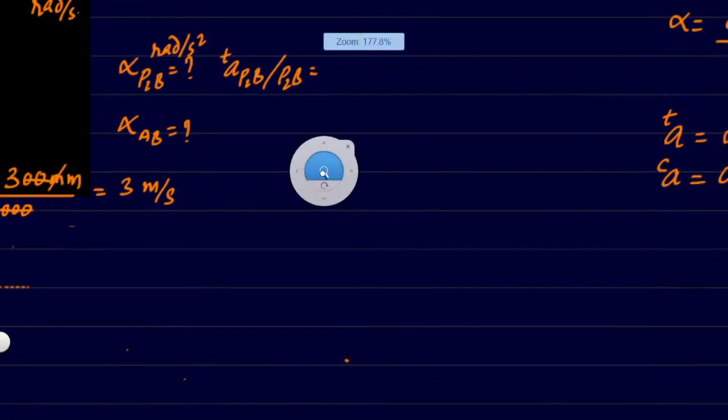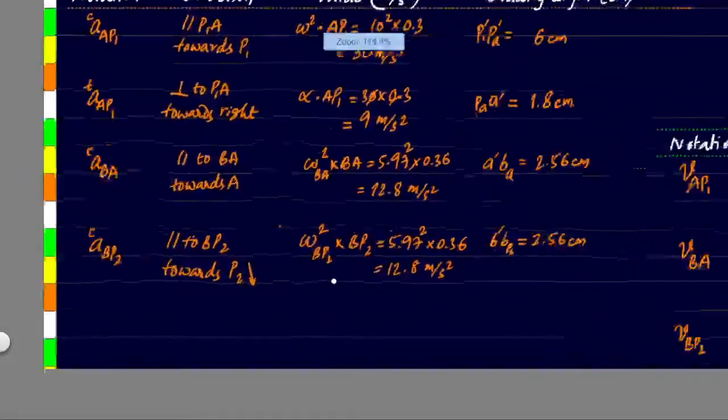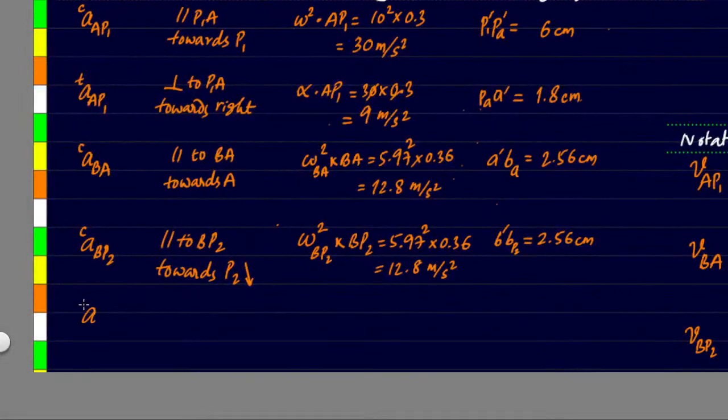First we'll have to find this acceleration. Okay. So there are two more tangential accelerations here. Tangential accelerations of B with respect to A and tangential acceleration of B with respect to P2. Yeah.